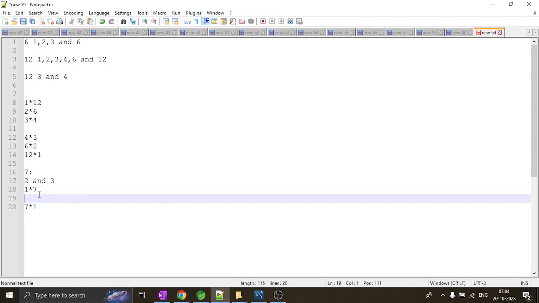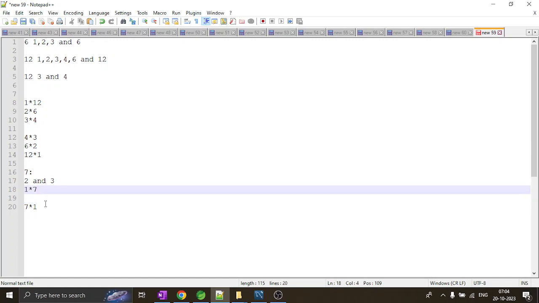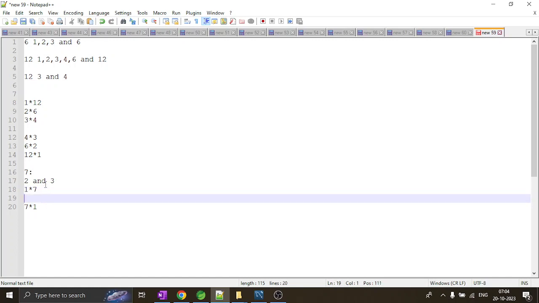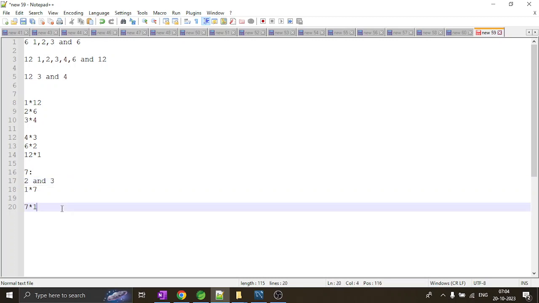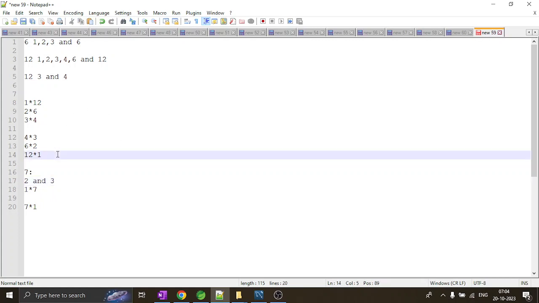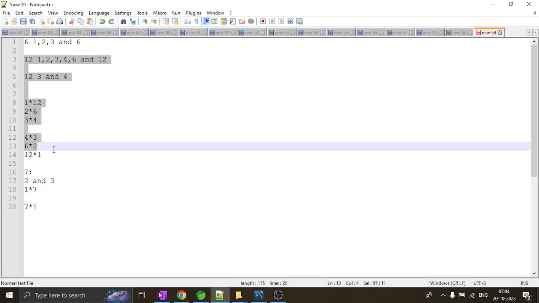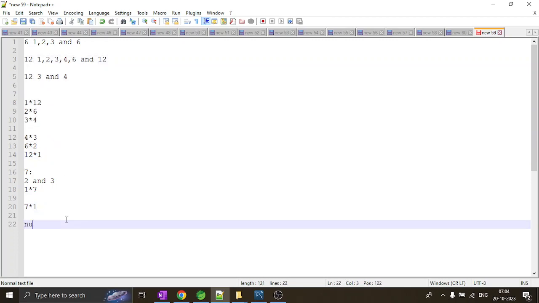So there are no factors of the number between 2 and 3, right? So that is why we have 7 as a prime number. So the logic that we'll be following is that we will first try to find the square root of the number.